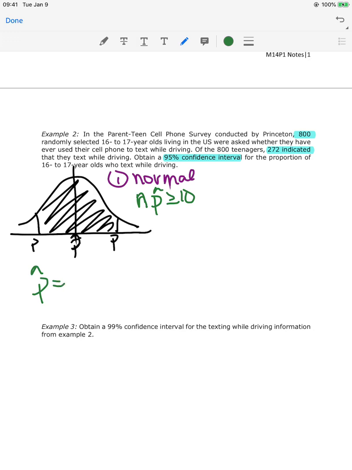P hat equals 272 over 800, and that is 0.34. So now, is 0.34 times 800 greater than or equal to 10?